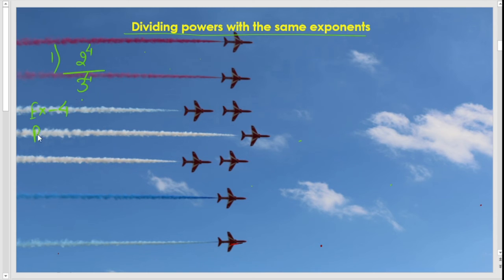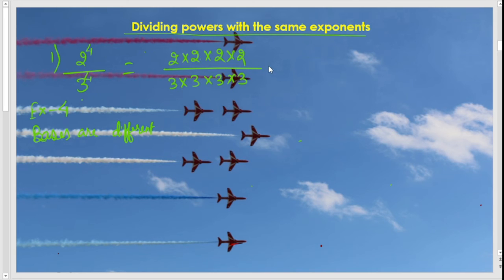Okay? And bases are different. So same exponent, different bases, and division of these numbers. So we can write it like 2 into 2 into 2 into 2 divided by 3 into 3 into 3 into 3.